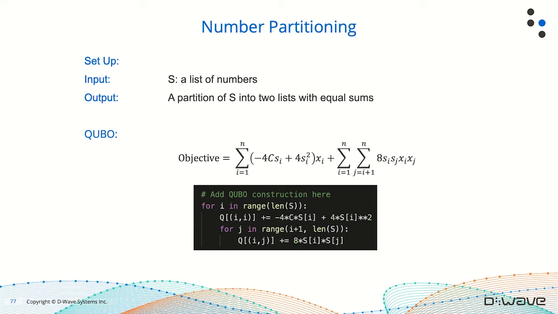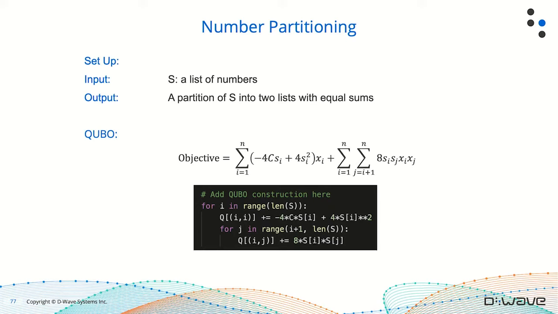Now for the second summation, we've got a double summation there for our quadratic term. So we have a nested for loop here, where our second summation ranges from i plus 1 to n, the length of S. And here for those off diagonal terms in row i, column j, I'm adding in 8*s_i*s_j as my quadratic coefficient.